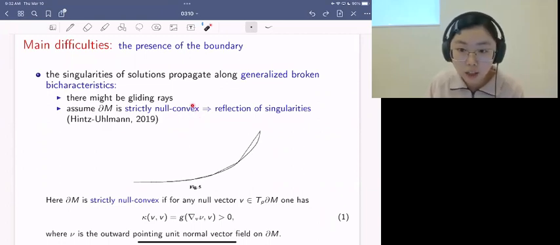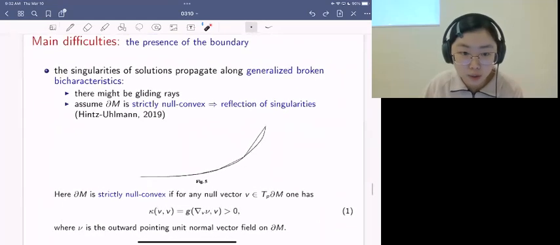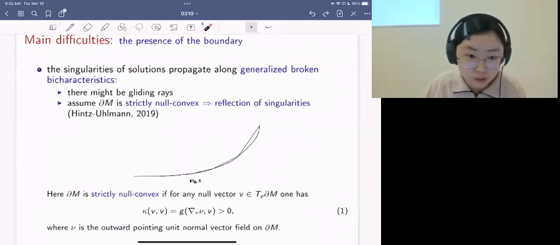This will imply that any null geodesic that hits the boundary from the inside of M intersects the boundary transversely, so we only have the reflection of singularities. Strictly non-convex boundaries will also guarantee other nice properties.